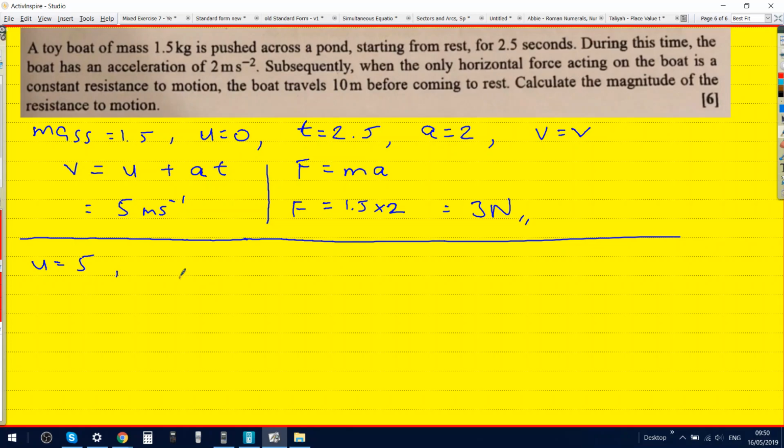Any idea what you can do for the second half?